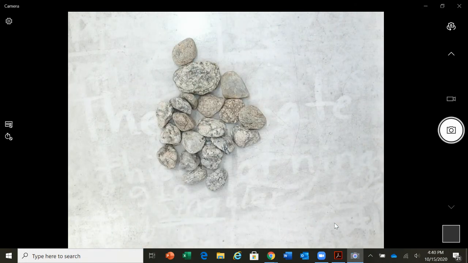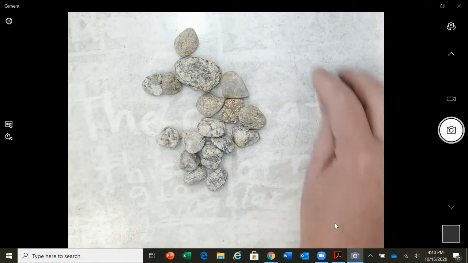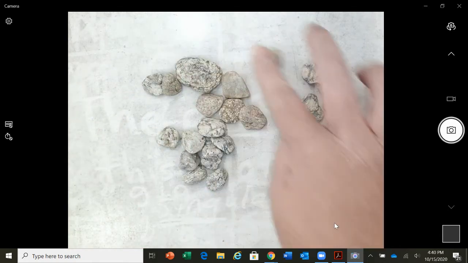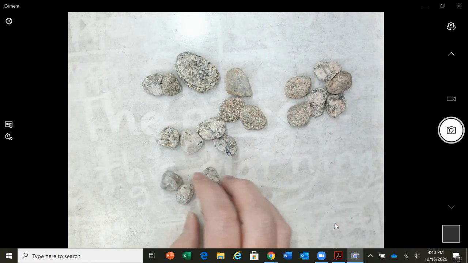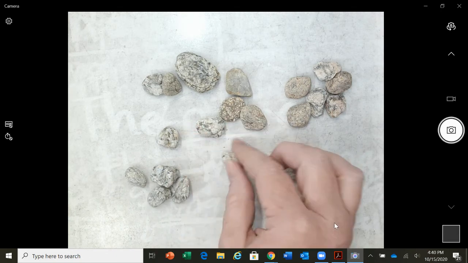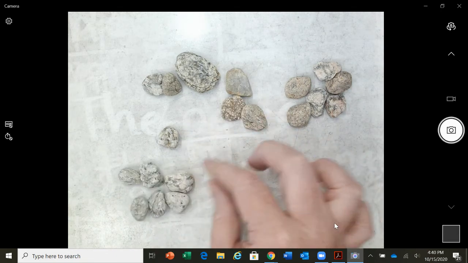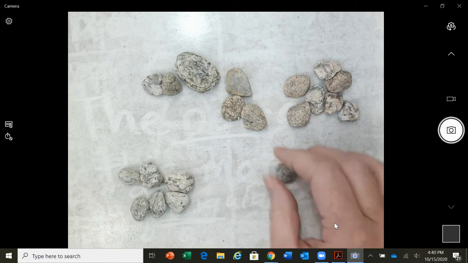I can also sort by color. These rocks have a little bit of pink in them, so I'm going to put them in their own group over here. And then I have these rocks that are kind of black and white. This one is pink. This one is just kind of clear.